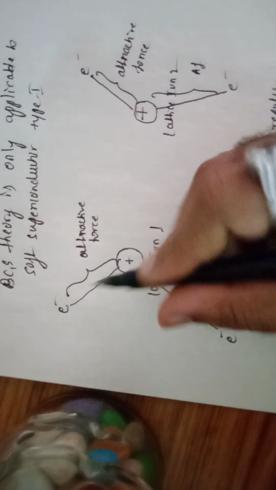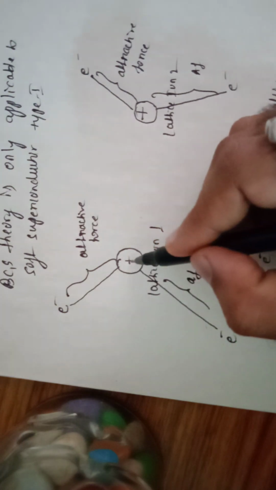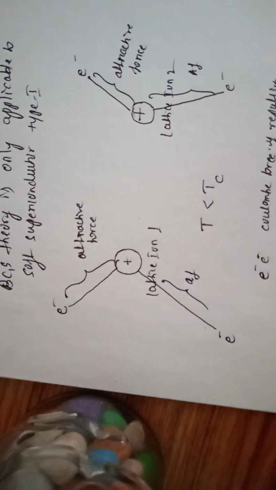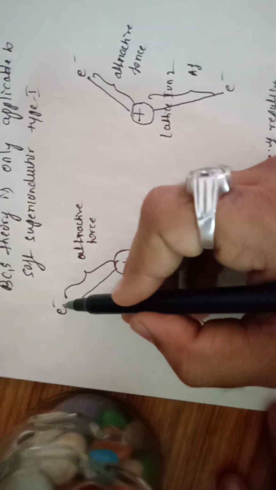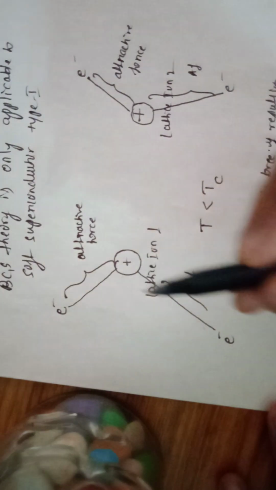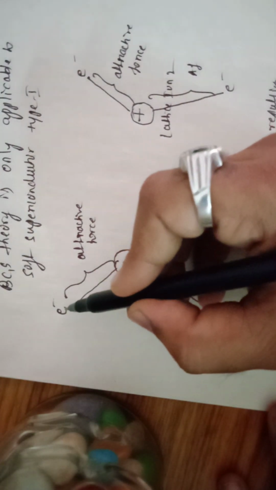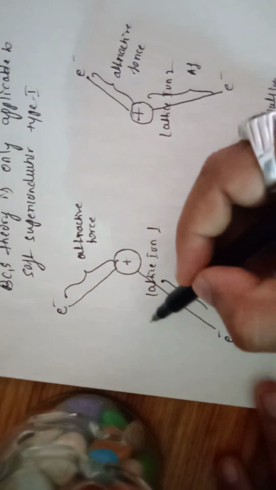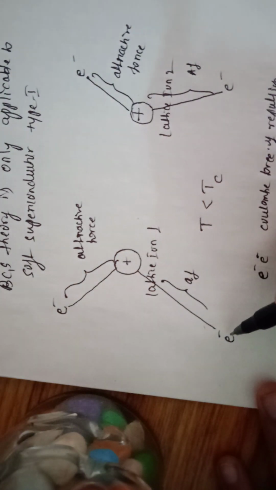So this electron is slightly attracted by this positive ion, and this electron is slightly attracted by this positive ion. Similarly, the same thing here also. Now this electron has negative charge, but this electron cannot see this electron. I mean, this electron cannot feel the repulsive force of this electron.